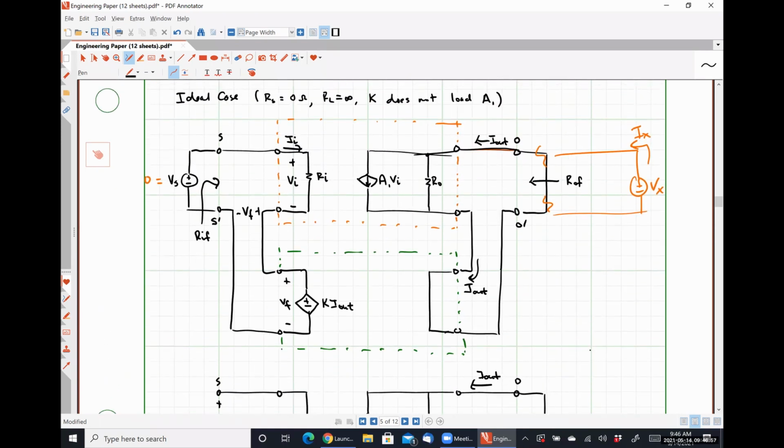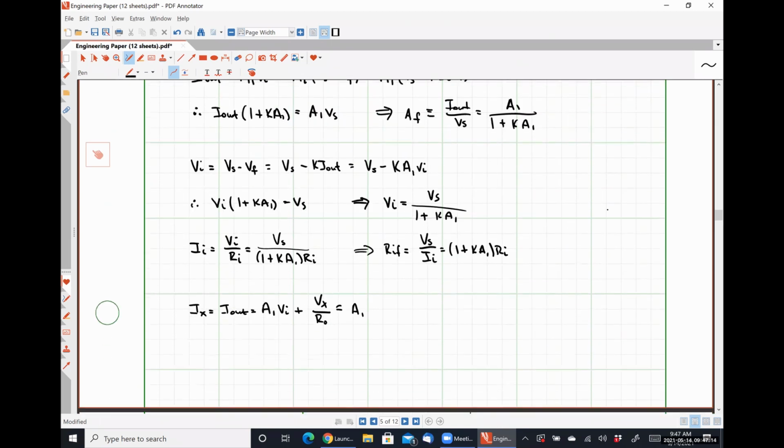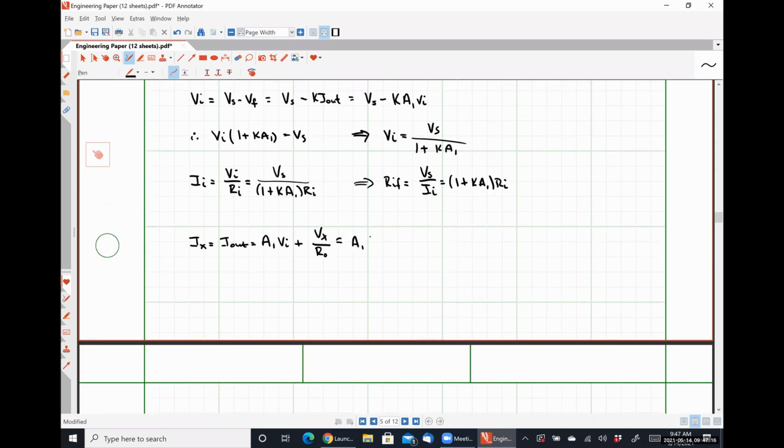Because we have our input signal VS shorted out, the positive polarity terminal of VI is connected to the negative polarity terminal of VF, and the negative polarity terminal of VI is connected to the positive polarity terminal of VF. So they are equal but opposite voltages. Plus that same Vx over R_o.